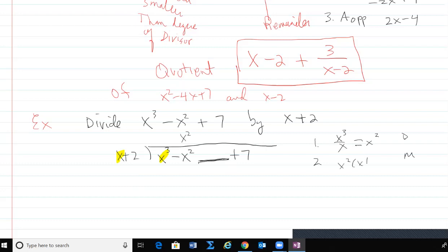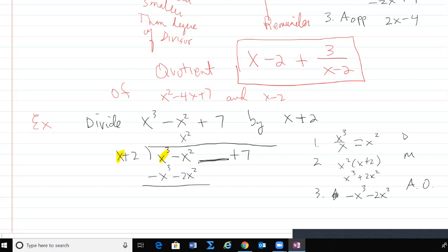X squared times x plus 2. Well, that's an x cubed plus 2x squared. So in your third step, you're going to add opposite, AO. So we got negative x cubed minus 2x squared. Put that over here. And then you're going to add. First terms drop. We can write a 0 if we want, but this will give you negative 3x squared. And then there's nothing here, but we do have a 7 out here.